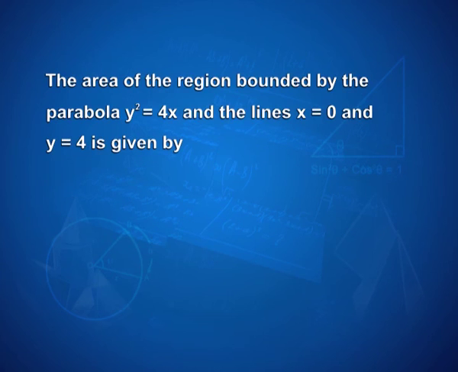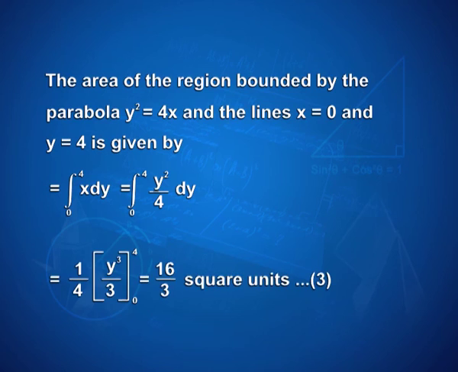The area of the region bounded by the parabola y square is equal to 4x and the lines x is equal to 0 and y is equal to 4 is given by integral 0 to 4 x dy, that is equal to integral 0 to 4 y square upon 4 dy, that gives 1 upon 4 into y cube upon 3 with limits 0 and 4.